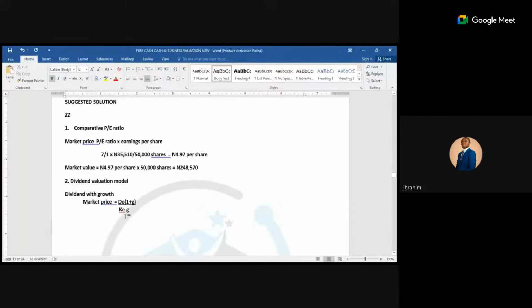So what is our dividend in this question? Okay, we need to calculate cost of equity. Let's quickly calculate the cost of equity. Which method are we going to use to determine cost of equity based on this question? CAPM. Okay, we are using CAPM, right? So risk-free, plus equity beta, then market return.